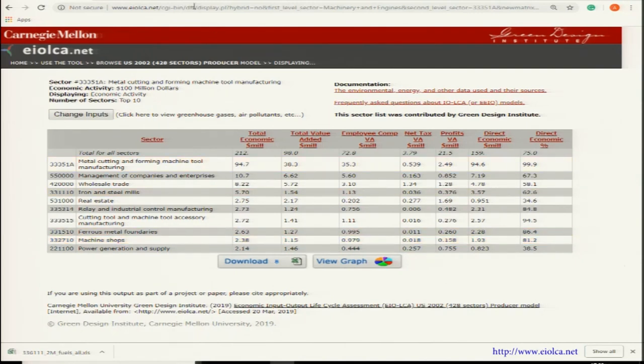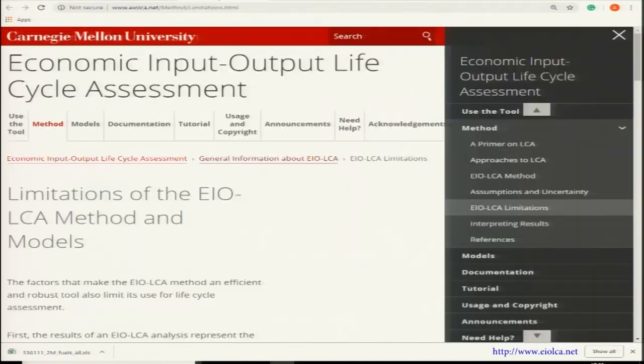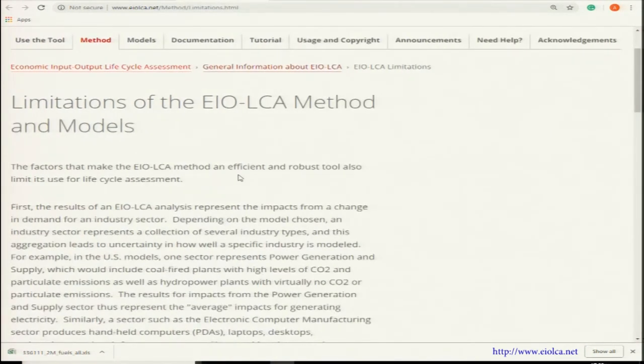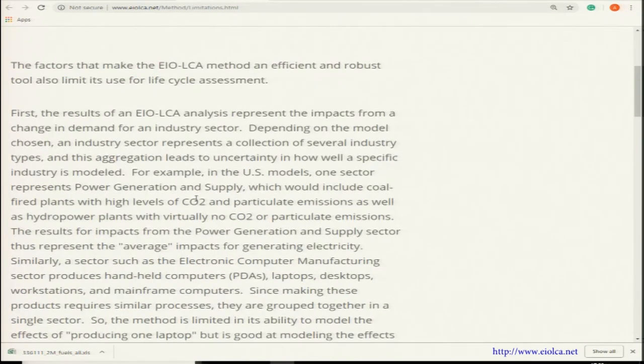Those limitations are mentioned on the website itself. They said that the factors that make the EIOLCA method an efficient and robust tool also limit its use for life cycle assessment. Though it is open source, publicly available, and we can use it easily, certain limitations are there.